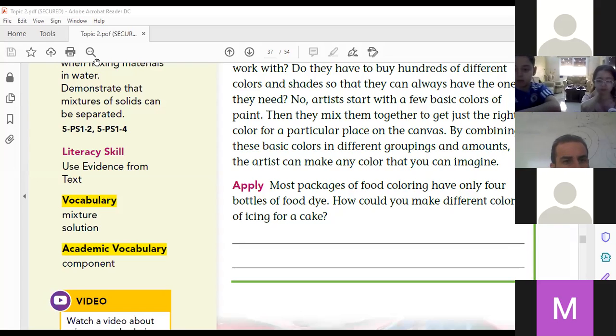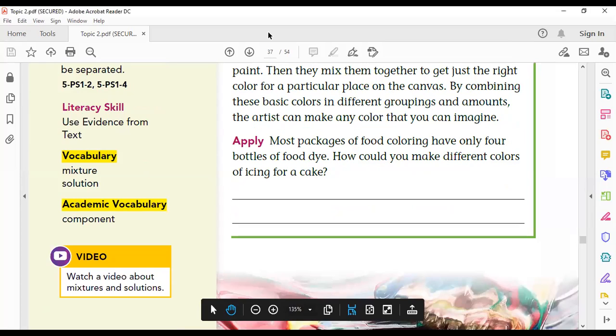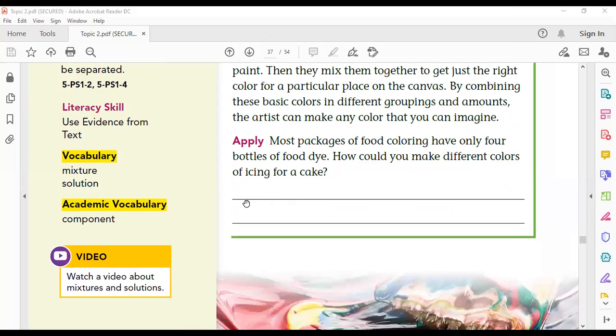Thank you all. By mixing, the answer is, please write the answer. The answer is by mixing two or more colors will make new colors.